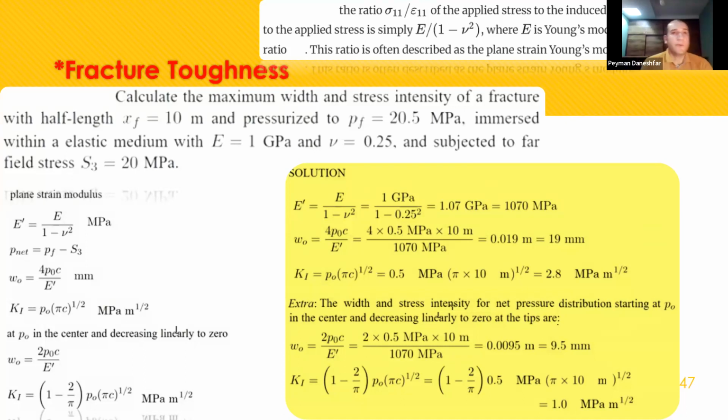Sometimes in a formula, instead of the Young modulus, we use a parameter called the plane strain Young modulus.